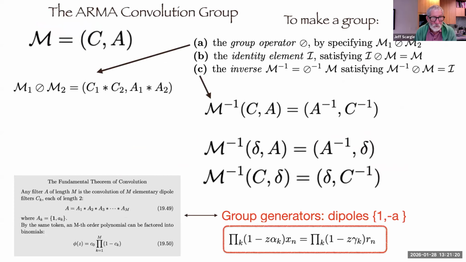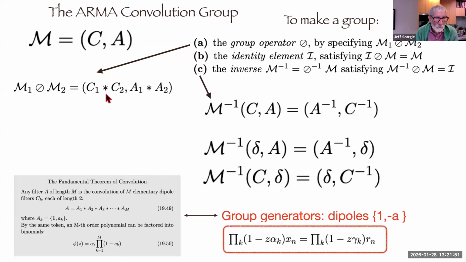But even more, you can generalize to ARMA models forming a group, and a few little tricks here. The element of the group is now, for example, a combination of two elements: the causal filter that represents the moving average filter and the autoregressive filter.